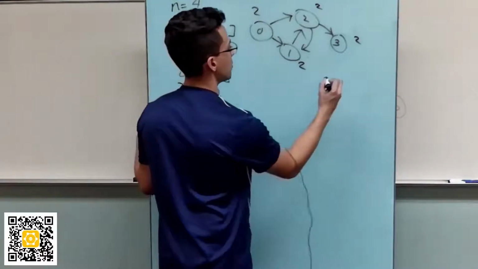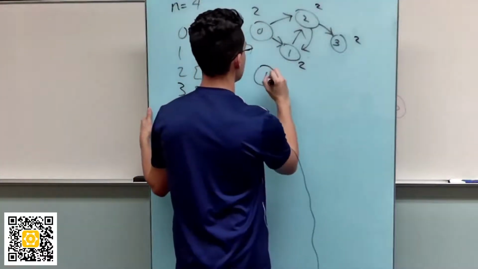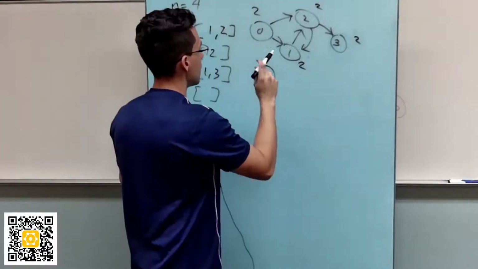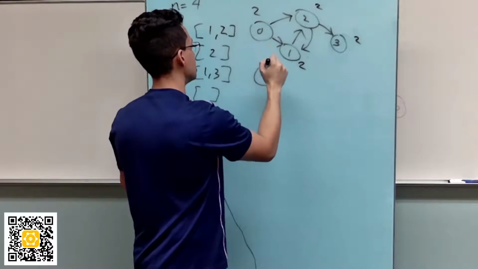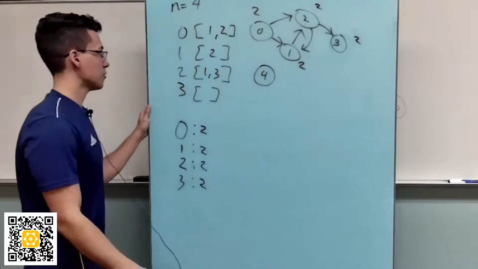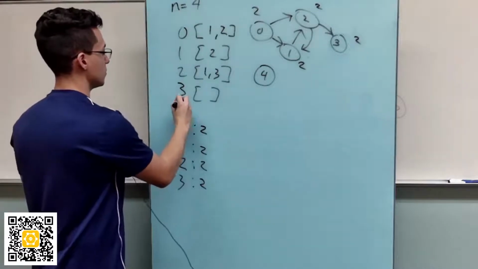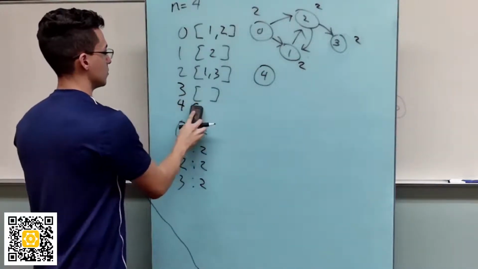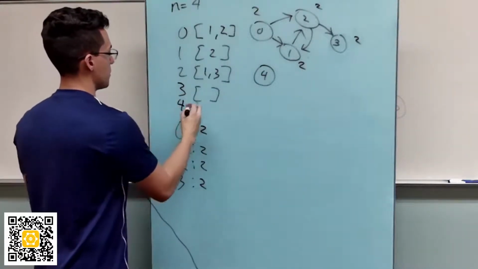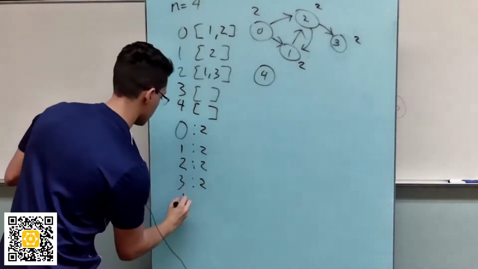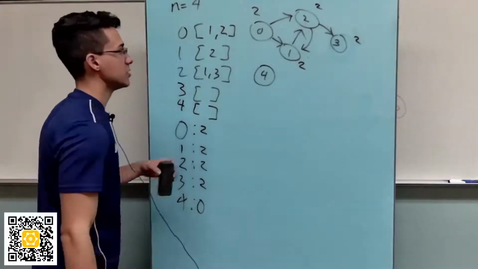Okay, so let's do this one. Let's do, yeah, I'll just do this. But that's fine. 4 0. And then at the end of all this, right, it's just everything.